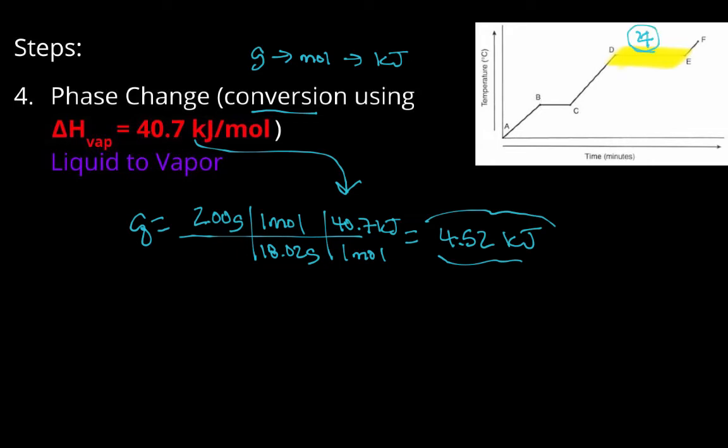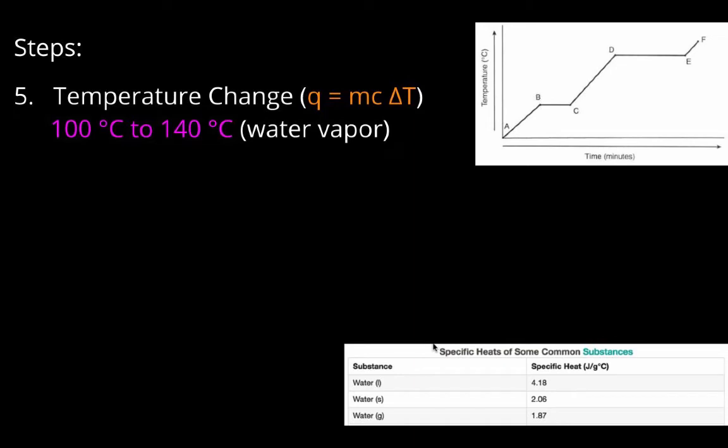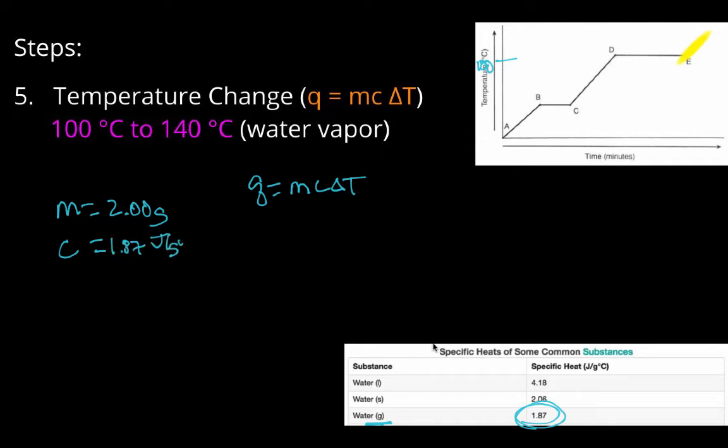And then the last one is the last temperature change. So this last little section up here, temperature change, we're using Q equals MC delta T. Mass, still 2 grams. C, this time we're above 100, so we have to use the C for gaseous water. So C is 1.87 joules per gram degrees Celsius. And then change in temperature, it's starting at 100, it's ending at 140.